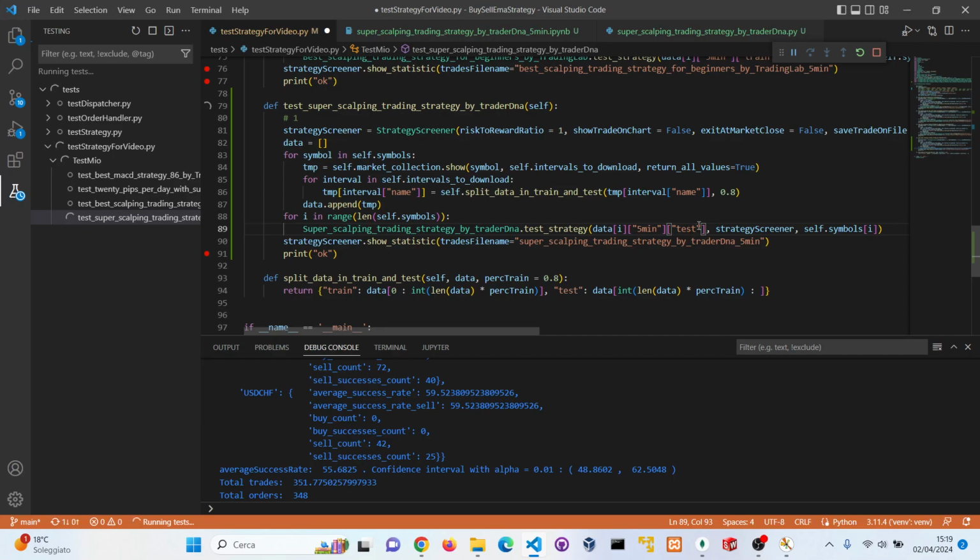Let's run again and see how it performs. Okay, as you can see, you would have been profitable in the last year or so, and the average success rate is 54.5%, which is within the confidence interval we have seen before, and that's good.